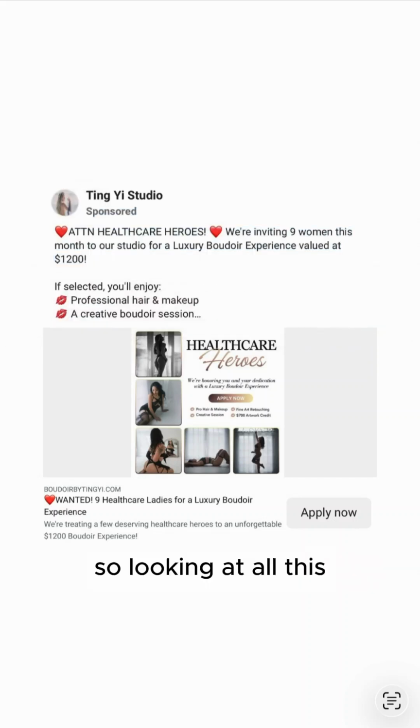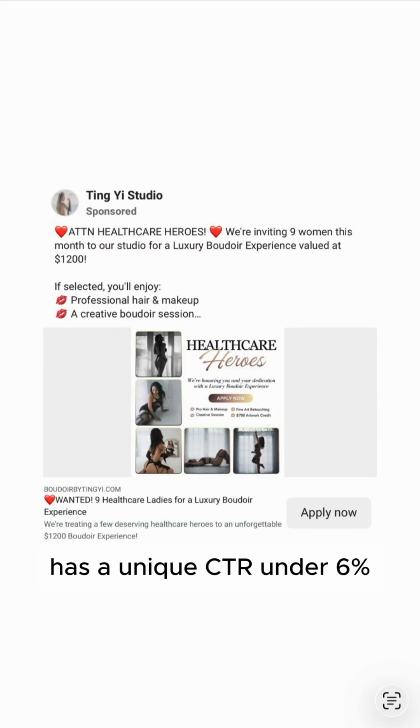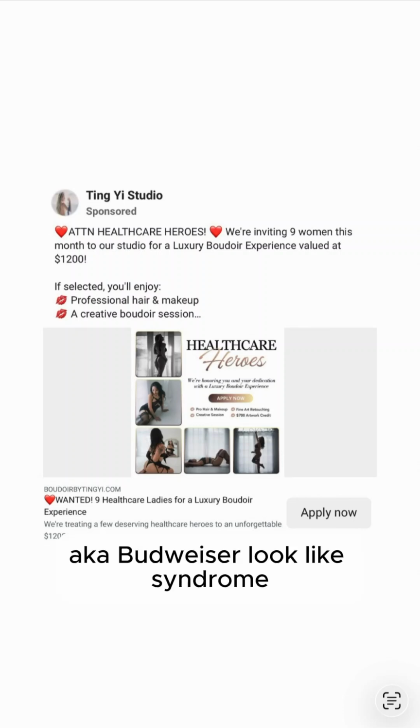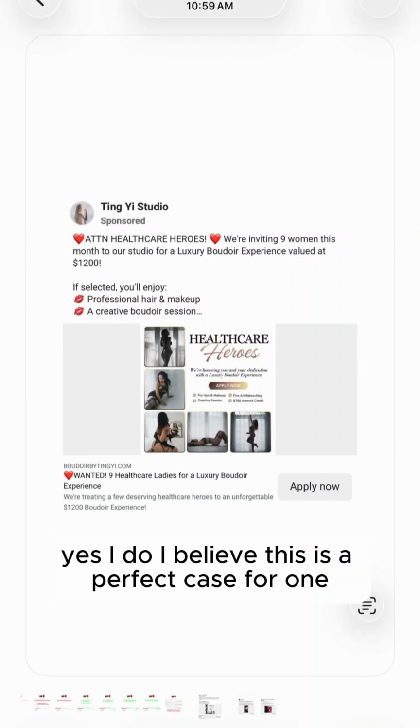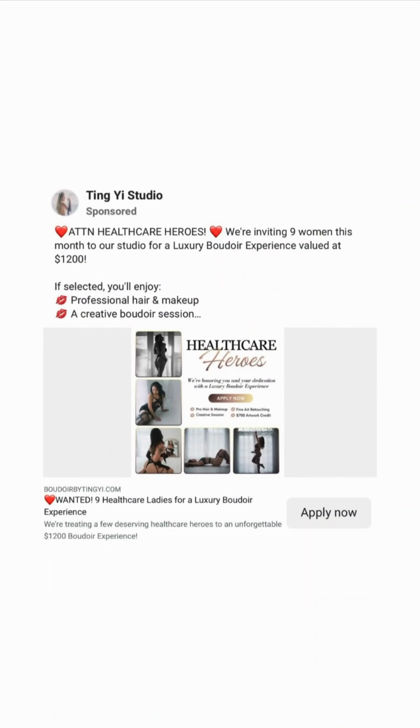So looking at all this, do I believe this Boudoir Facebook ad has a unique CTRL under 6% and therefore has BLCS, aka Boudoir low click syndrome? Yes, I do. I believe this is a perfect case for one.